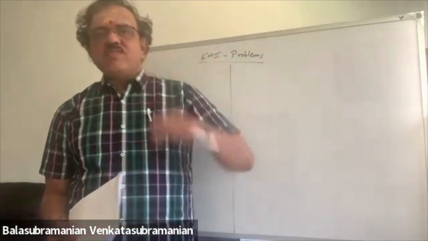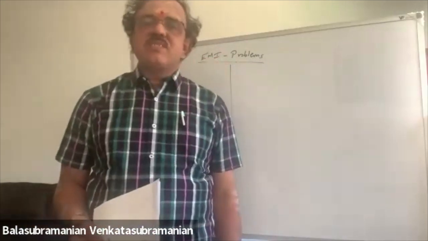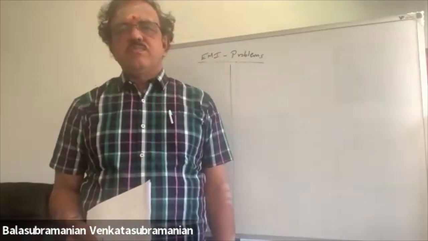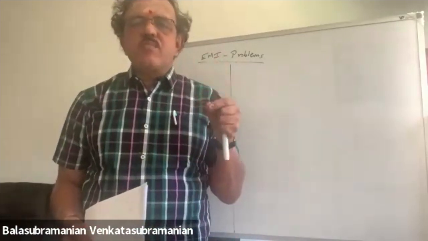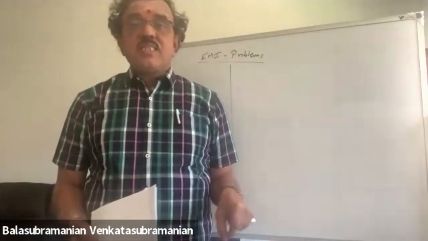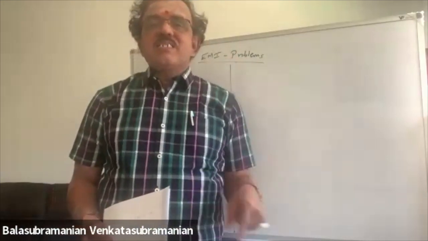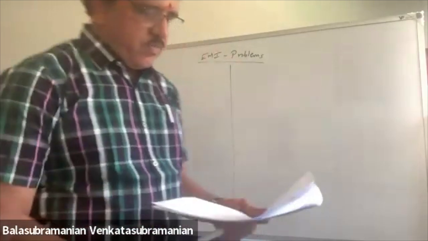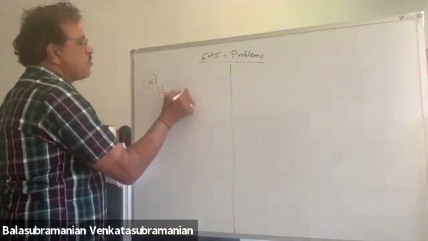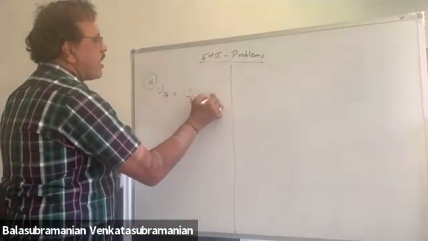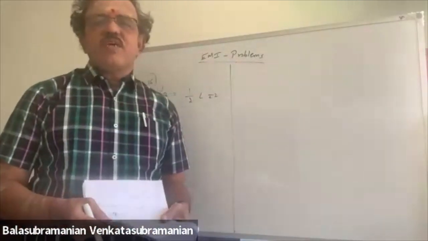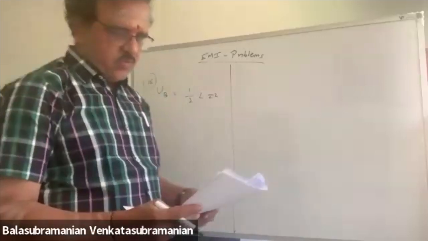Electric energy, first chapter, stored in a capacitor, half CV square or Q square by 2C, that we have studied. Like that, magnetic energy stored in the coil, UB, that is UE, this is UB, half LI square is the formula. L is the self-induction, I is the current passing through.